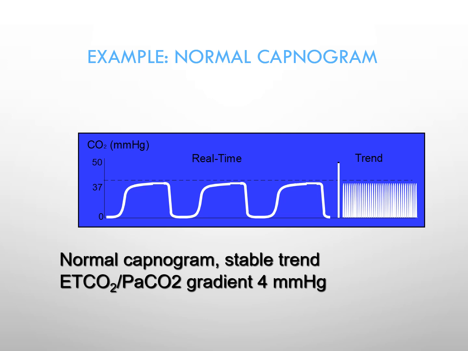It is sloping upward ever so slightly, but it's a pseudo plateau, and it's regular. And again, the other thing that I stressed in some of the prior slides is that there's a gradient between the end-tidal CO2 and the PaCO2. That gradient is not a linear relationship, but it's normally a difference of about 4.